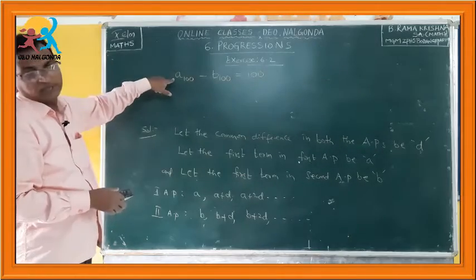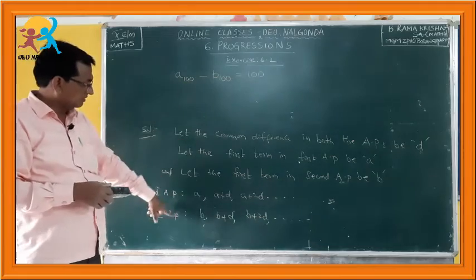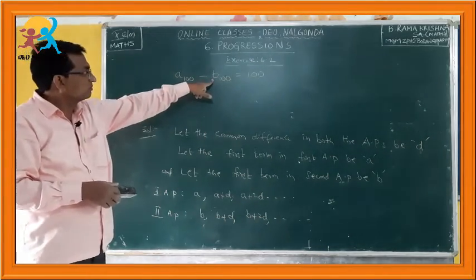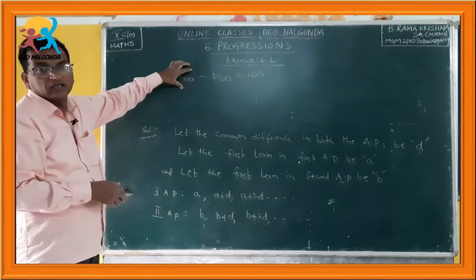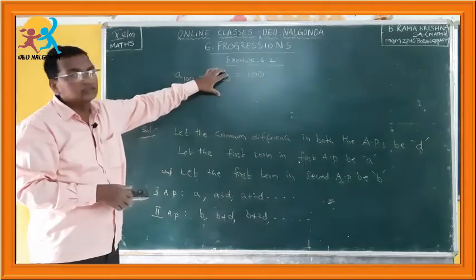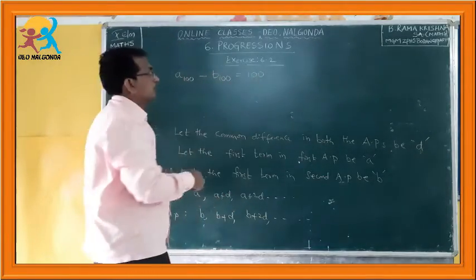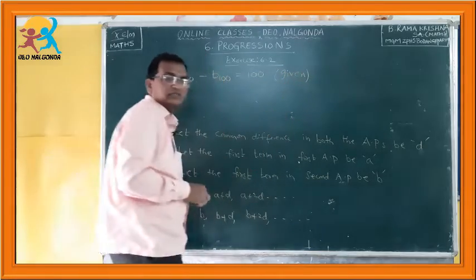Because the first one starts from A, I took it as the A100th term, and the second one starts with B, so I wrote it as B100. The 100th term of the first AP minus the 100th term of the second AP is 100, according to the problem.